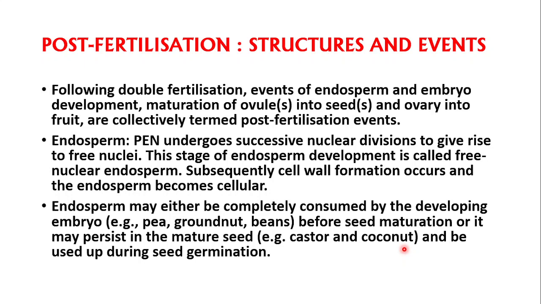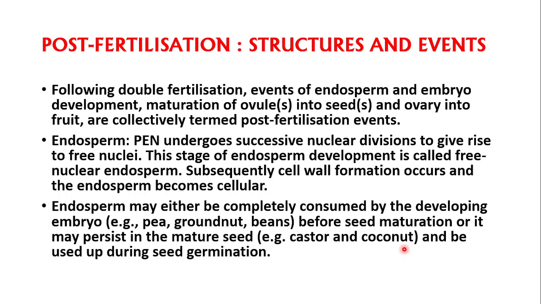So in case of coconut, you might have seen very often coconut milk, what you call it as, so that itself is nothing but the persistent endosperm. Particularly in the coconut, you can see two different types of endosperm.